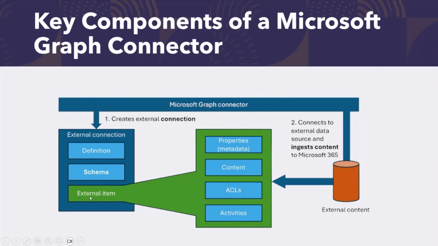Each item is typically a record, and each record will have some properties, the actual content you want to ingest into Microsoft 365, and the ACL, or permission, what kind of permission you want to implement on each item. This is really cool: you can define the permission in ACLs, like it should be accessed by everyone or a certain group of people.